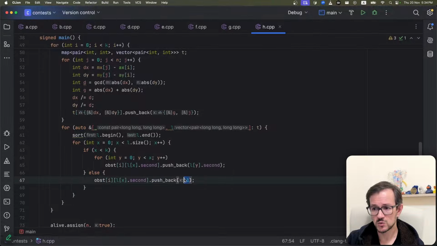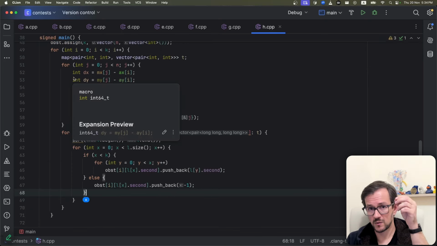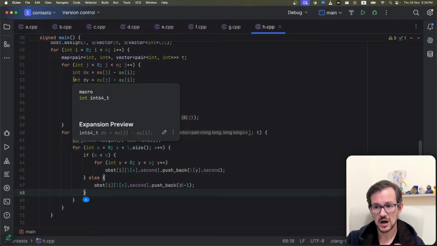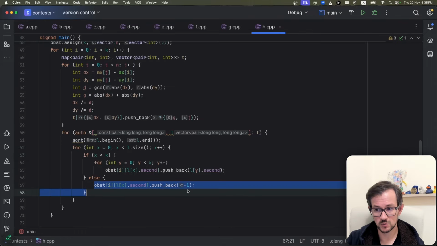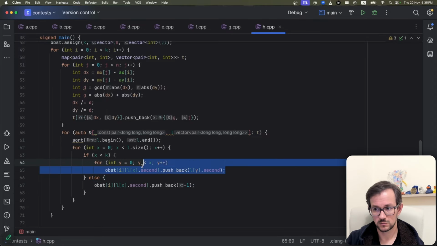This -1 indicates I cannot kill this monster with this gun. If not, I put all previous monsters into this list. So this is pre-calculation. For every pair of gun and monster, I pre-calculate what happens if I try to kill this monster with this gun. I either cannot do it if it's -1, just impossible, or I need to kill this list of monsters before.